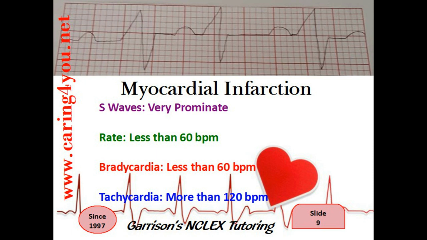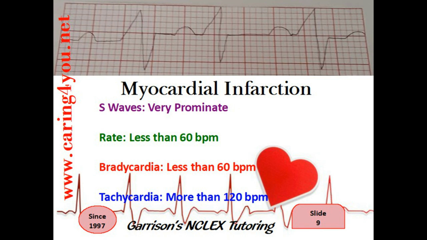You can't tell anything by the P wave, the QRS. The rate. What is the rate? The rate is obviously bradycardia, less than 60 in a myocardial infarction, right? In this particular example I have, let's count the peaks, let's count the R's. We have 1, 2, 3.